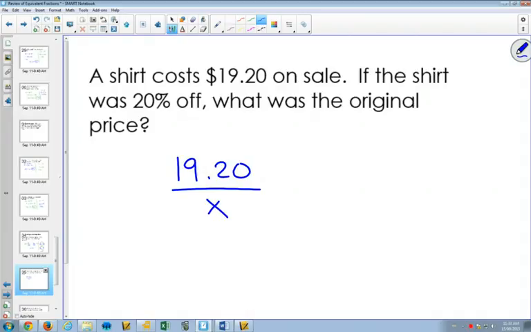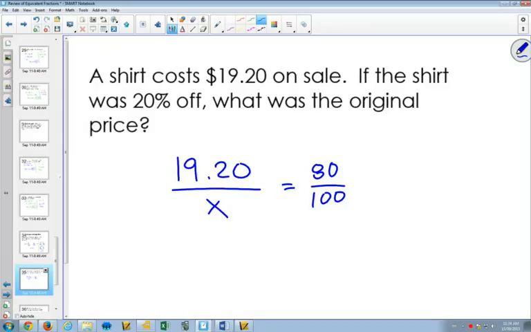Okay? Now this makes a proportion, and we're told that this proportion is what happens after 20% was taken off. If 20% is taken off, how much is left? 80%. So this fraction here has to equal 80%, because 20% has been taken off.